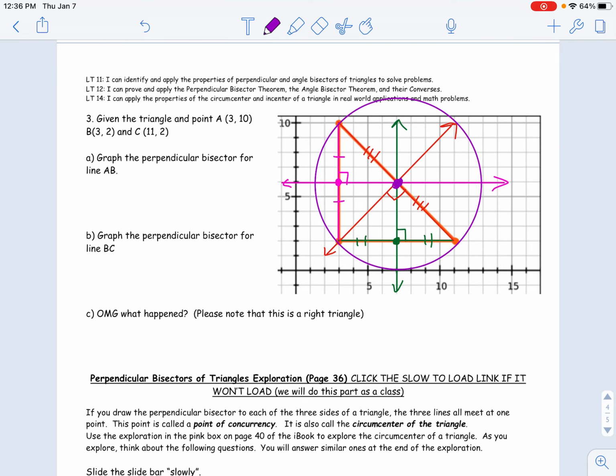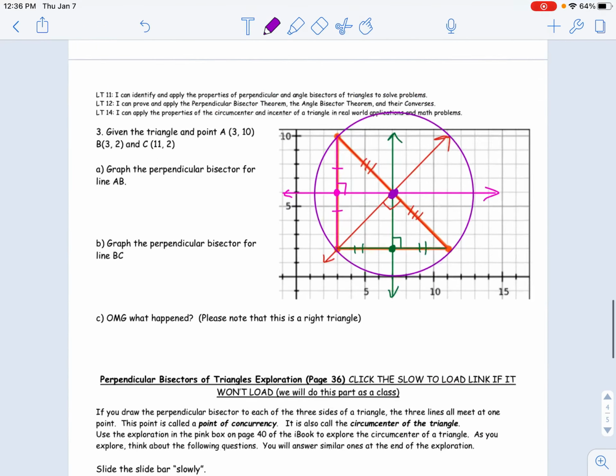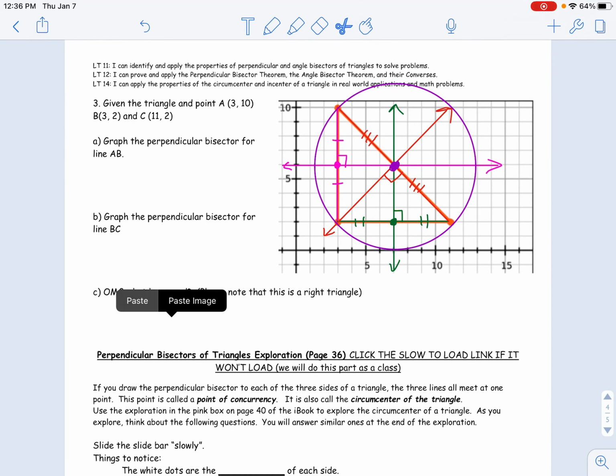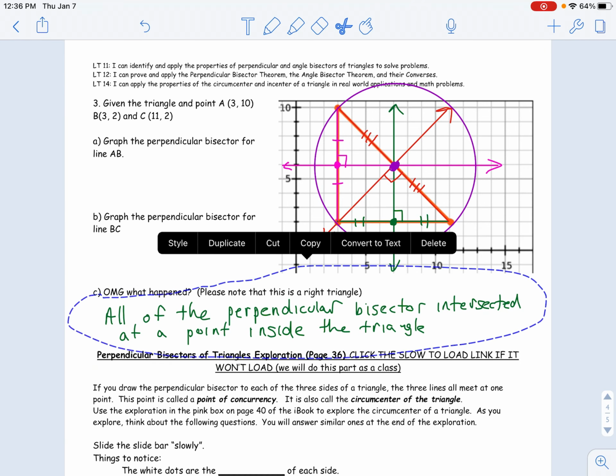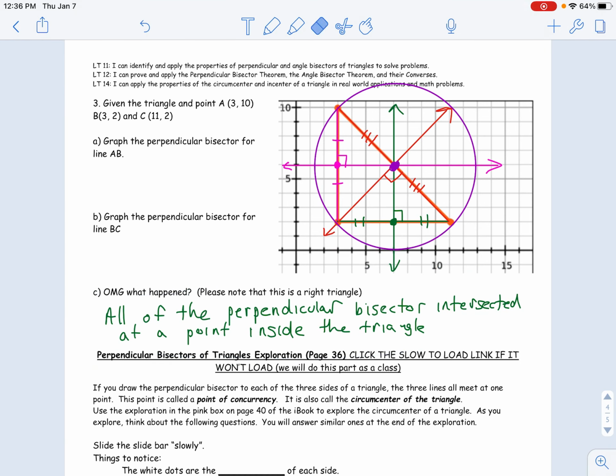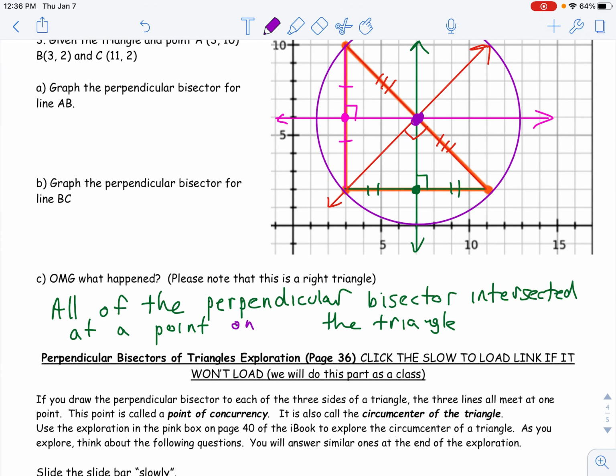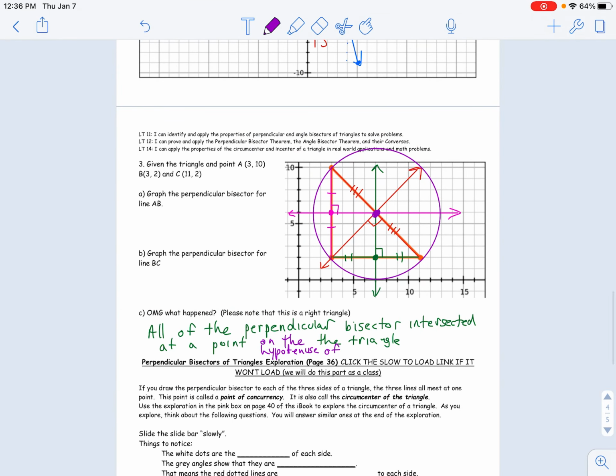All right, so I wasn't too in depth about what happened. What I can do is I can just paste: all the perpendicular bisectors intersected at a point on the hypotenuse of the triangle.